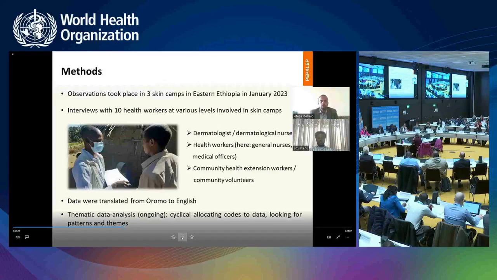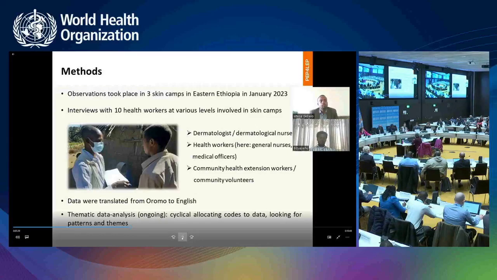In terms of methodology, the study was conducted in Eastern Ethiopia in January 2023, and observations took place in three skin camps by a team from the Netherlands and Canada.